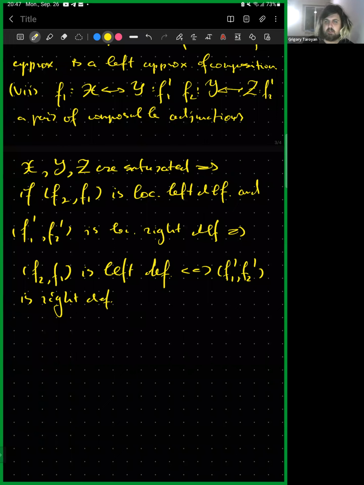And then we would have partial adjunctions, which are isomorphisms between hom sets and homotopy categories of certain subcategories. So let me write this down in more detail.